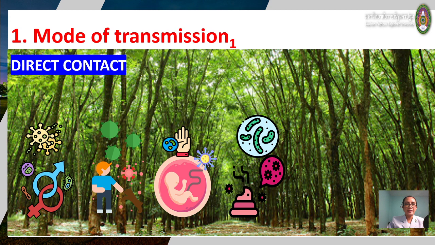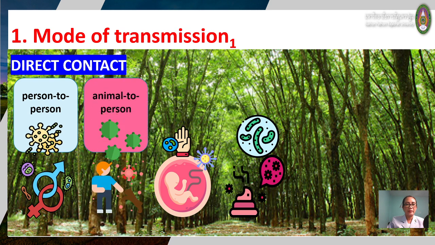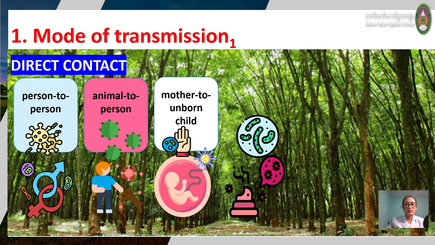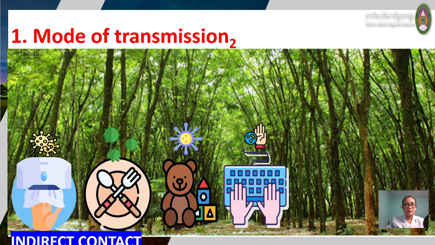So let's discuss first the mode of transmission. So direct contact could be person to person, animal to person, or mother to unborn child. So the child can even get infected, should I say, while inside the uterus of the mother, and also fecal-oral contact.